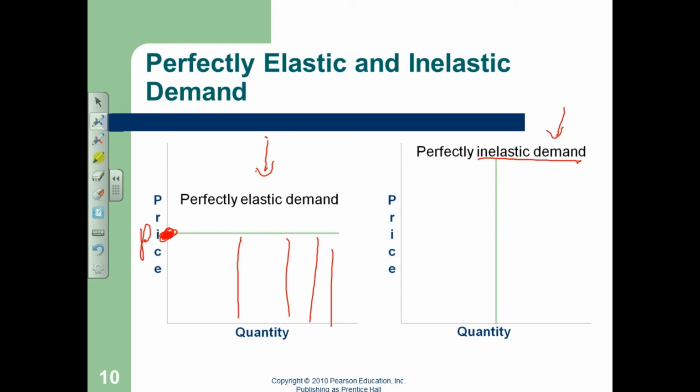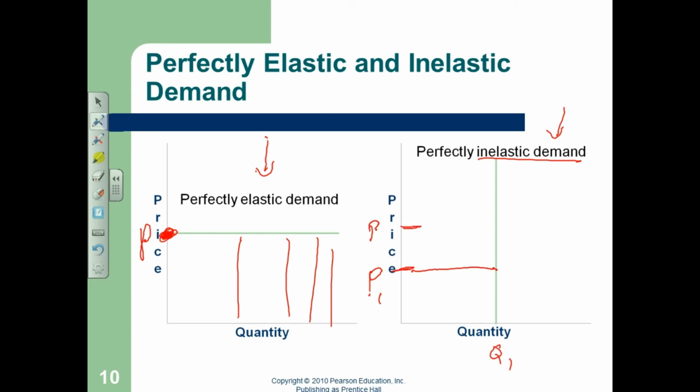Let's assume there is a medicine you have to have. It doesn't make any difference how much the medicine is. If there is no alternative, if there is no substitute for the medicine, and you have to have it to stay alive, you would pay for it, no matter how much it is. So if the price is P1, your quantity demanded is Q1.